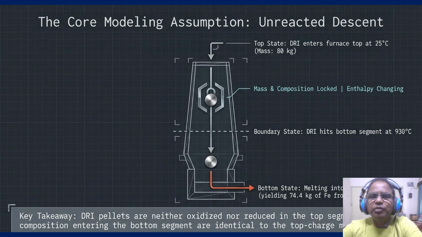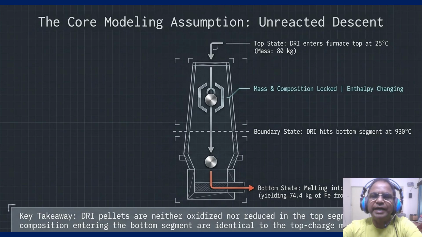Why? Because if we assume 95% of the oxygen has already been removed in a shaft furnace, the kinetics of further reduction in the blast furnace top segment are negligible compared to the nominal condition of raw material in conventional blast furnaces. The visual here shows a locked icon halfway down the shaft.